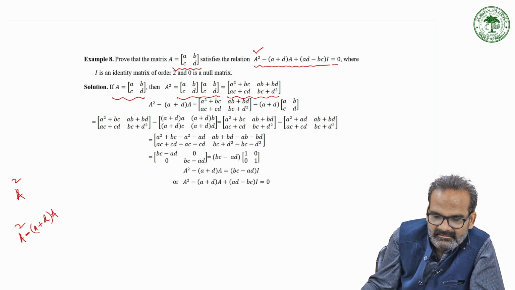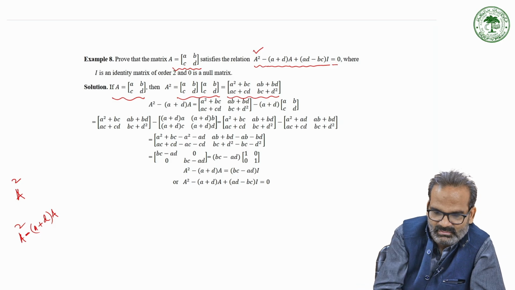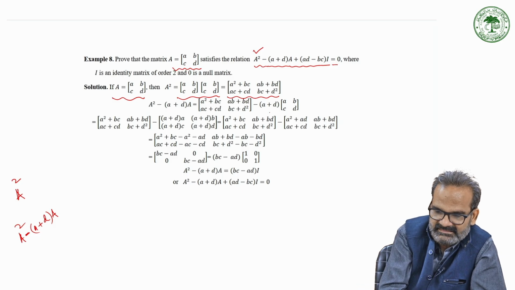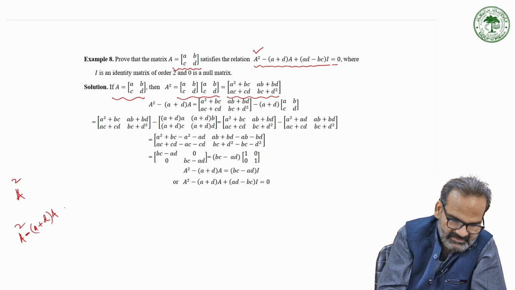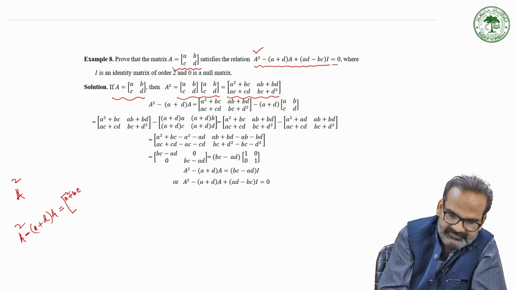What is A? A is this. So A square is this minus (a plus d)A. See, A square, what we did here, A square is this: a square plus bc, ac plus cd, ab plus bd, and bc plus d square.